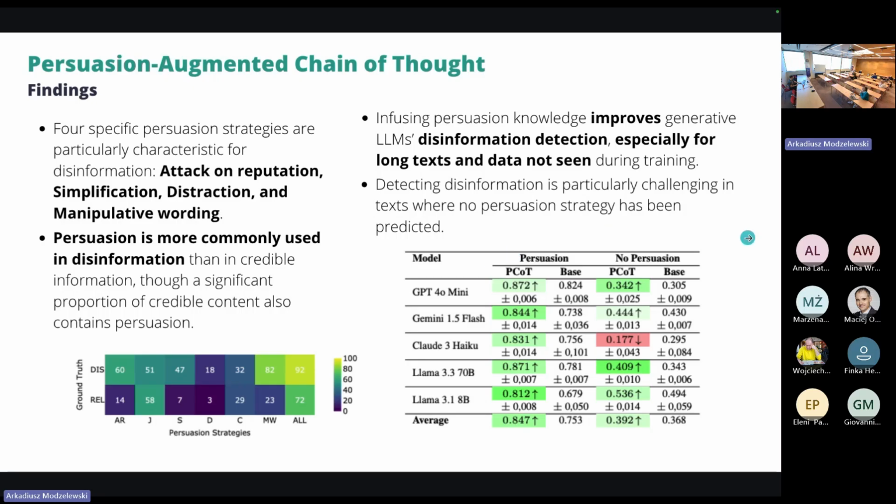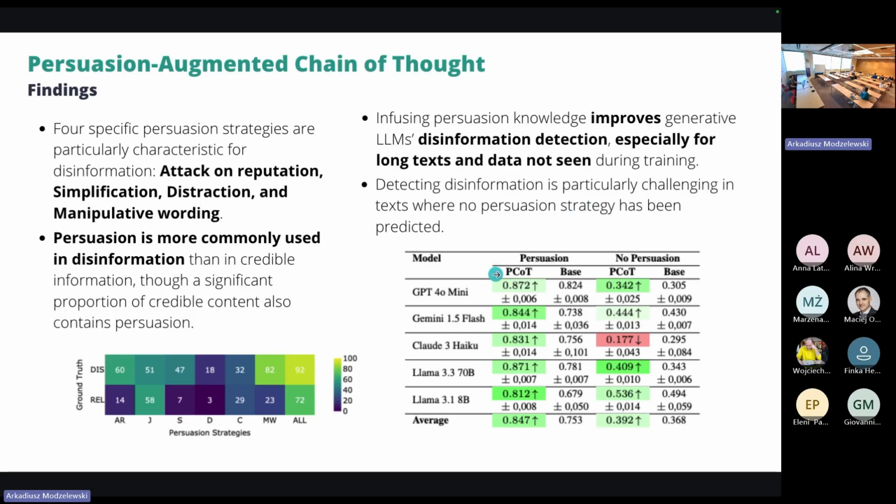Moreover, we saw that PCOT improves especially on longer text and data not seen during training, so on the post-cutoff part of the dataset. And also, we see that detecting disinformation is particularly challenging in texts where no persuasion strategy has been predicted.